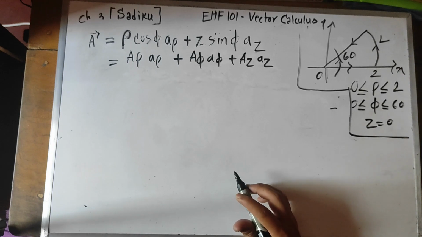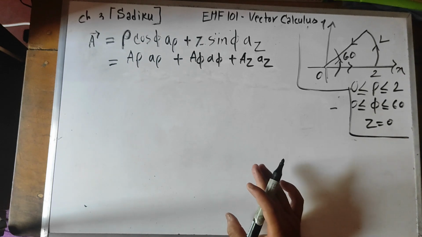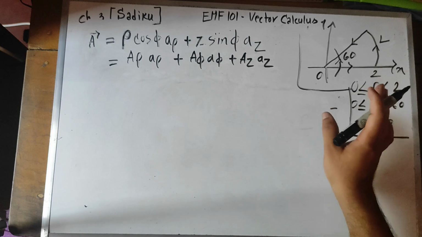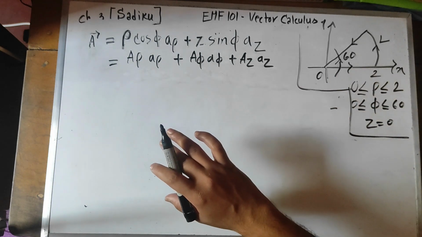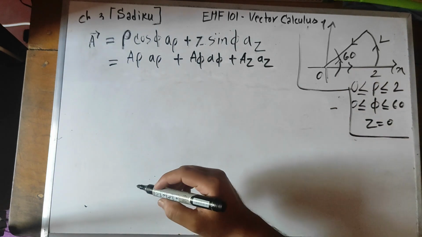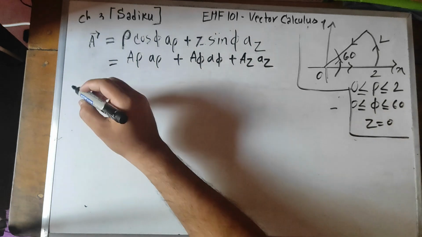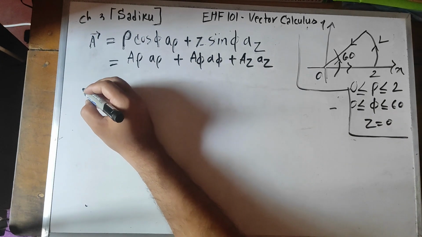Now we're going to verify the result of the circulation by Stokes' theorem. Before that, we take the curl of this vector.